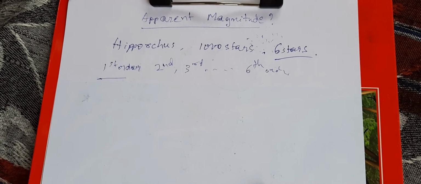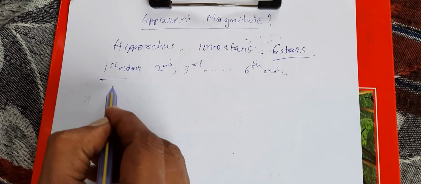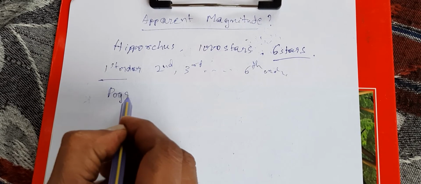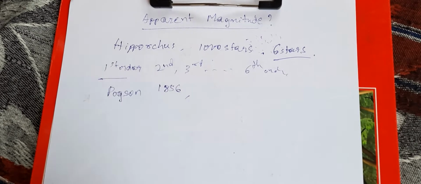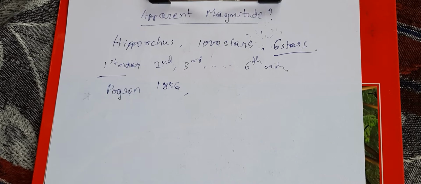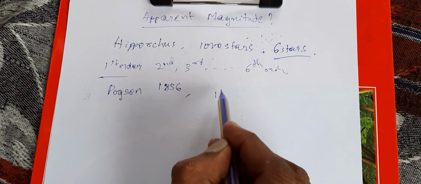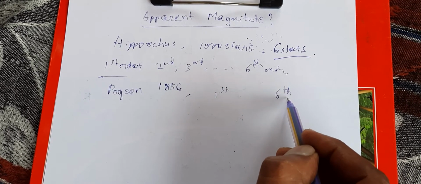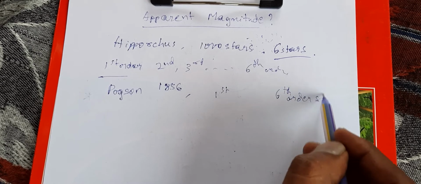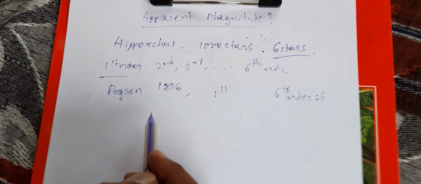Next, in the 19th century, in 1856, comes a scientist called Pogson. What he did is, he assumed that between the first order star and the sixth order star, in terms of brightness, the ratio is 100.